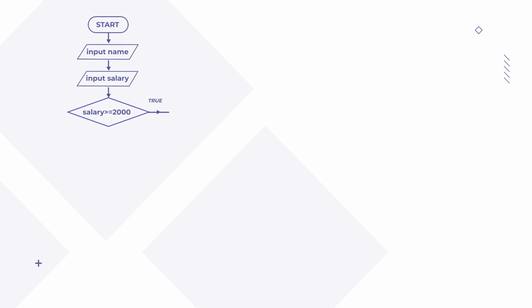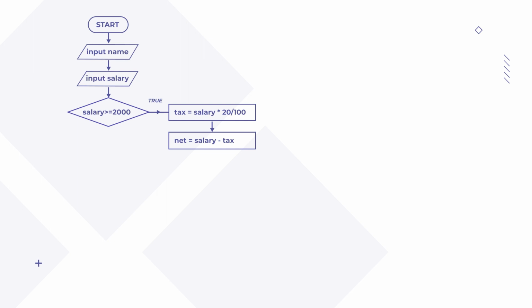The instruction is tax is equal to salary multiplied by 20, divided by 100, and whatever the result is, store it in the variable tax. We do not know how much the salary is, but we know that it is greater than or equal to 2000, because it will execute this line only when the condition is true.